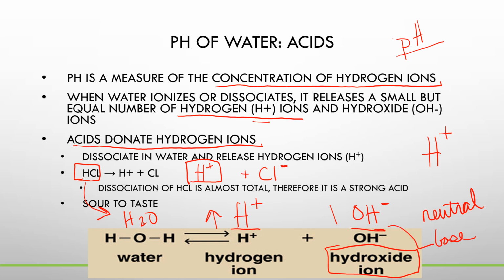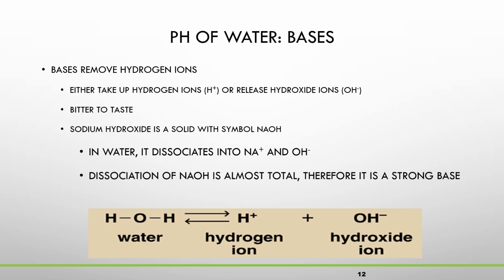So anything that you would add to water that would increase the OH part would be a base. And that's kind of the basis of the pH scale. So bases decrease the number of hydrogen ions and increase OH.